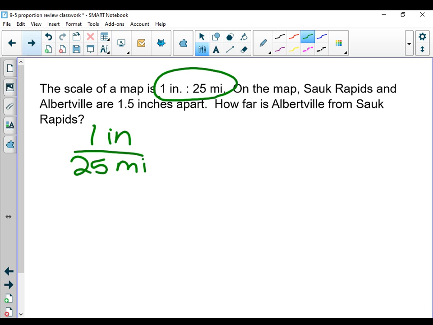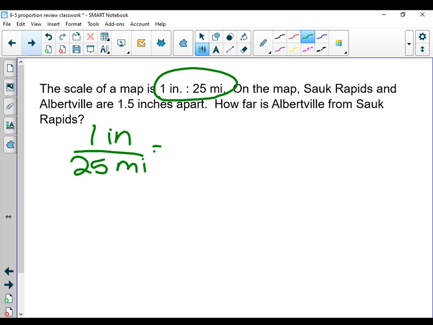So how far apart is my old high school to your high school in real life if on the map they are 1.5 inches apart? We have to find out how much an inch is. Oh yeah, an inch is 25. Sorry. So what am I going to do with this 1.5?